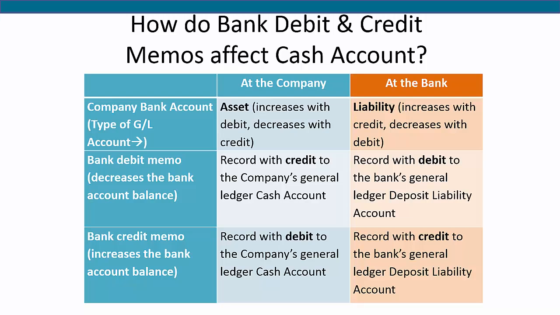In reality, the bank accounts for a company's bank account as a liability, an amount they owe to the company. As a result, the bank sees increases in the bank account as increases in a liability to the company, and the bank therefore issues credit memos to record them. Their terminology is exactly opposite the way the company's is, but it should all make sense to you after thinking this explanation through.